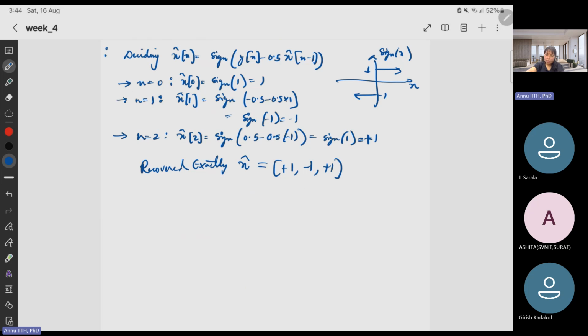There are different equalizers. In OFDM, one type is one-tap equalization, which is zero forcing or minimum mean square error, where for subcarrier k we have y of k equal to h of k, x of k plus w of k.